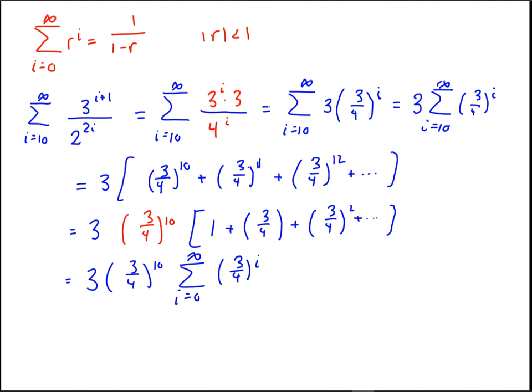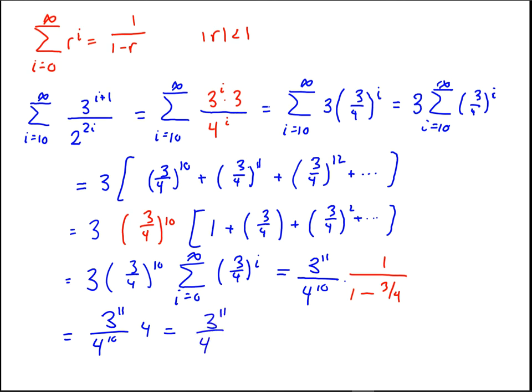Now I can just plug this into my formula. So this is 3 to the power 11 divided by 4 to the power 10 times 1 over 1 minus r. r is 3/4. That's 3 to the power 11 divided by 4 to the power 10. 1 minus 3/4 is 1/4, so this is 4. So 3 to the power 11 divided by 4 to the power 9.